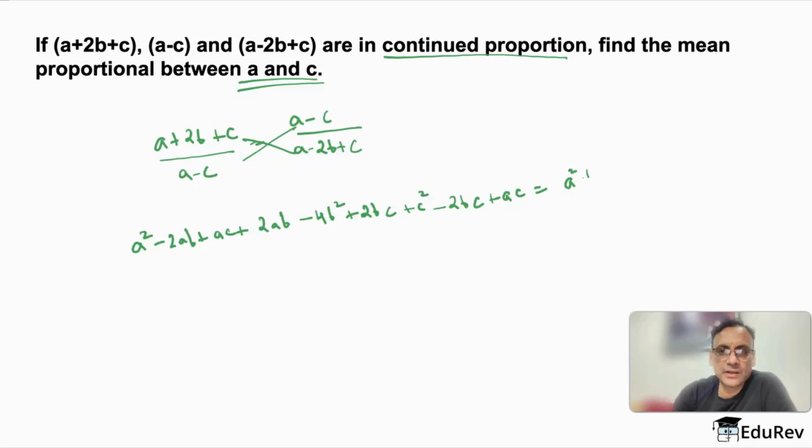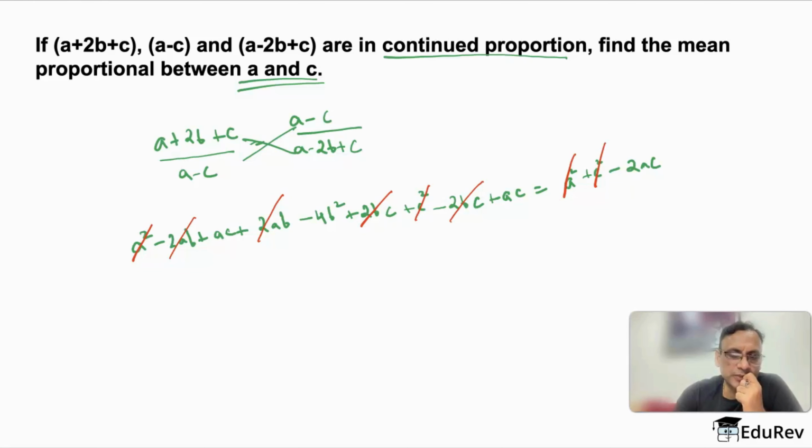So a square plus c square minus 2ac. Okay, so now let's see, a lot of this should get cancelled. So minus 2ab plus 2ab, plus 2bc minus 2bc. A square, c square, c square. That's all. So you get on the left hand side ac plus ac.